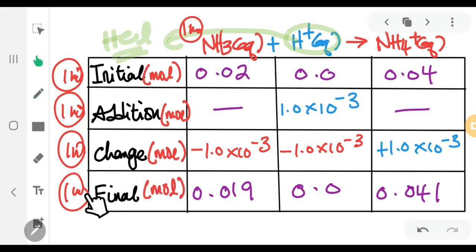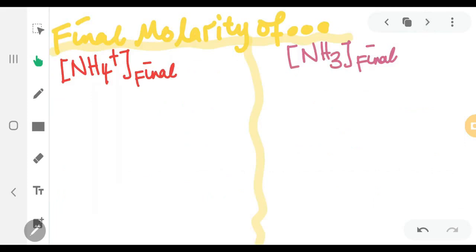Now we're going to take the final mole value and find the final molarity.